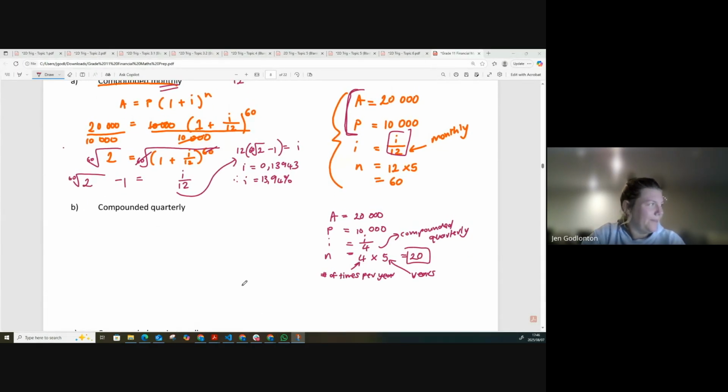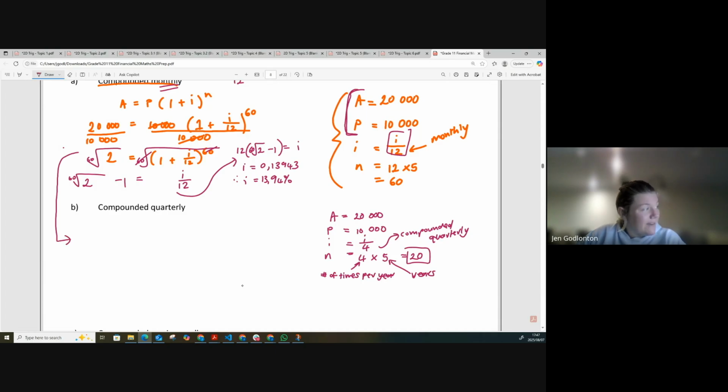Okay, so I can actually jump to this step over here and just change my values because everything else is the same. So I have my 2 is equal to 1 plus I over 4 to the power of 20. So all I've done there is I've taken the 20,000 and divided it by the 10,000. So the next step is to root that 2, and then we have 1 plus I over 4.